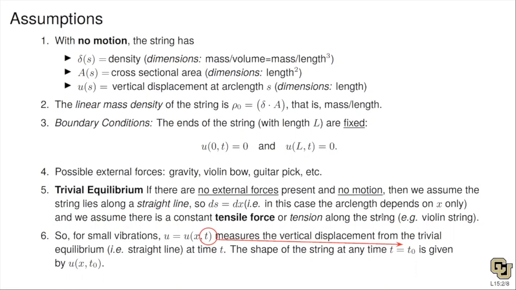If you graph that with respect to x, that's the shape of the string. So u of x,t is what we're looking for when we're trying to solve the wave equation. Ultimately what we want to know is the vertical displacement, the shape of the string, for any point and at any time. So again, we want to know space and time, what's happening in both dimensions.